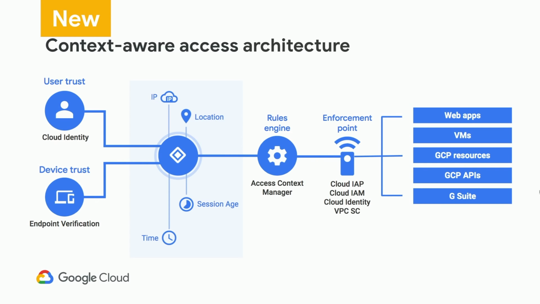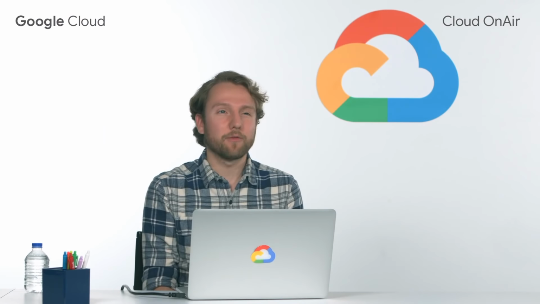Depending on the context, when a user tries to authenticate and access a resource, whether it's their IP or location or their session details, we're giving you visibility and control into whether or not you want to allow that type of user to access that type of resource. And one of the exciting things about context-aware access is it works the same way across cloud, all of our Google Cloud Platform offerings, and G Suite. So it's a single set of controls for everything Google Cloud.